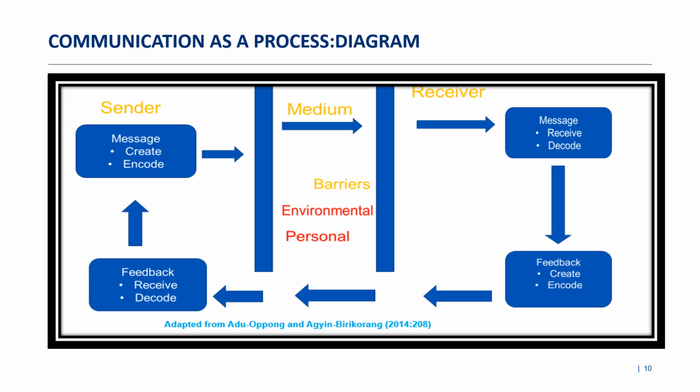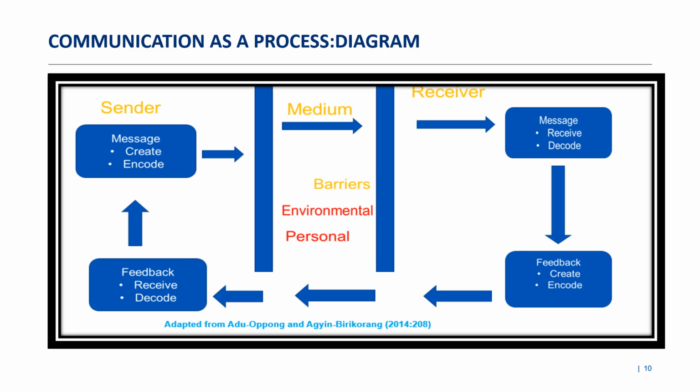But let us also look at the things that may hinder effective communication from taking place. When the sender sends a message, there may be environmental barriers such as noise that can hamper the effective delivery of the message to the receiver, such that when the receiver receives the message, it may be distorted. It is not the true message.